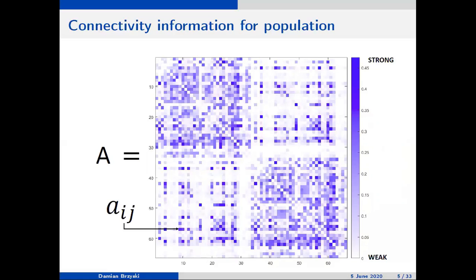So summarizing, you have one matrix for the whole population which tells you about some average connectivity pattern. And we will use the capital A to denote this matrix.